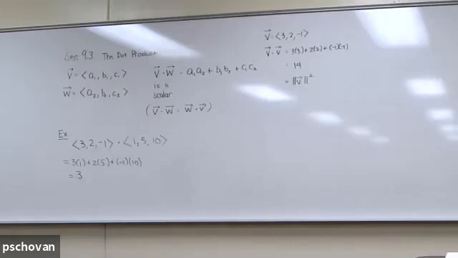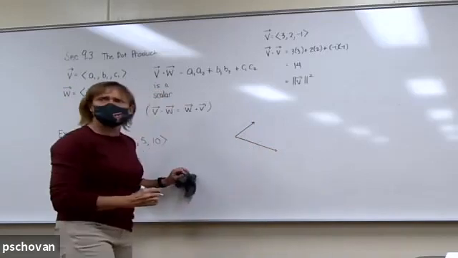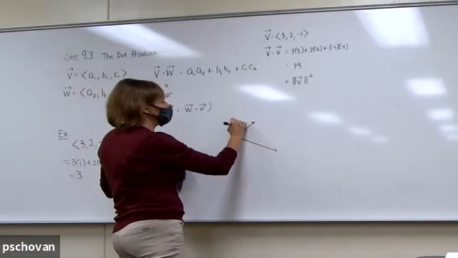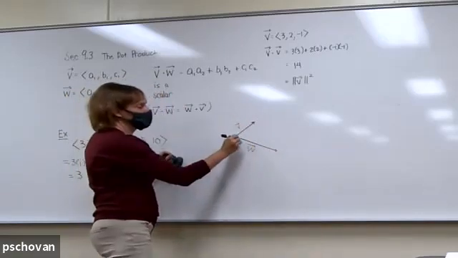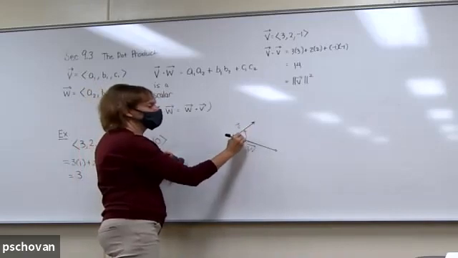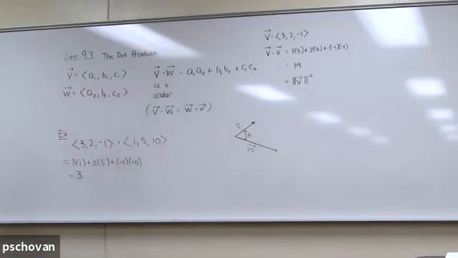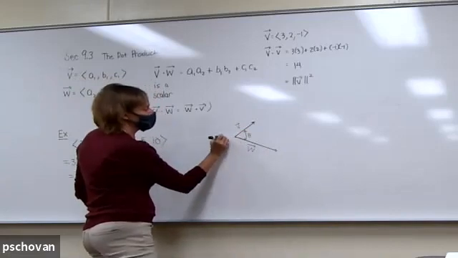So now let me show you a couple of applications of the dot product. If I draw some vectors in standard position, let me just do them in 2 dimensions so that my derivation is not that long. Let's say that this is vector V and this is vector W. And I want to find the angle formed by these 2 position vectors. And let's say that this is at the origin.